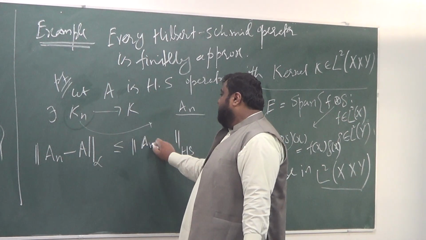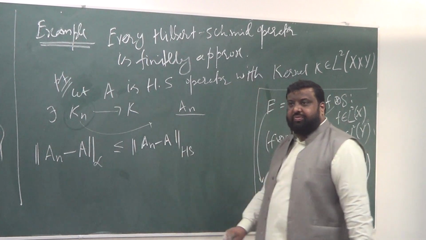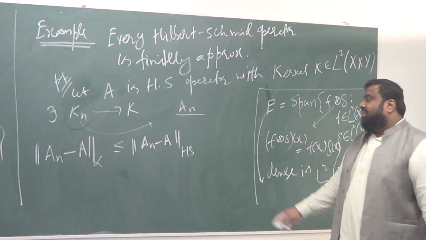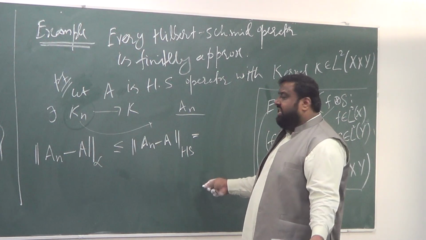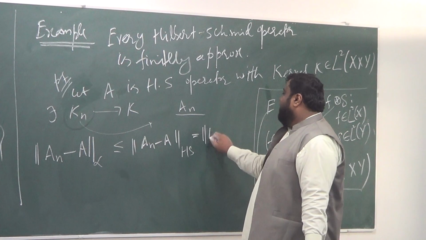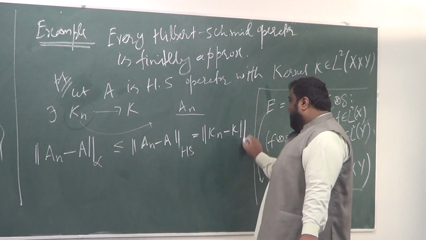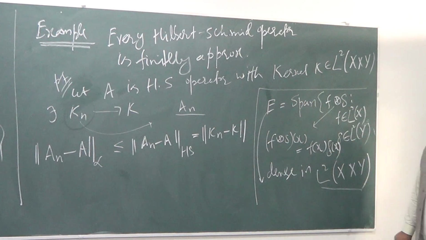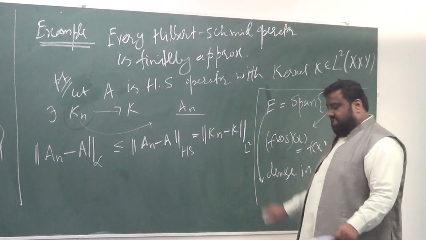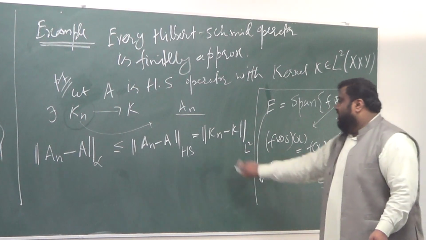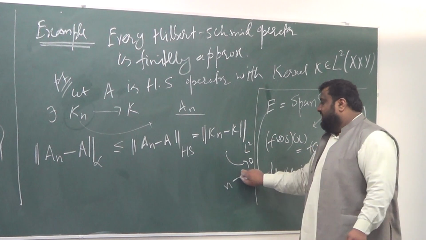So I would say that this is bounded by this. But what would be the Hilbert-Schmidt norm of A minus An? If you think carefully, this is nothing but the norm of the kernel Kn minus K. Because we also proved that if you want to compute the norm of a Hilbert-Schmidt operator, this is the same as the norm of the kernel in L2. And we know that this goes to 0.